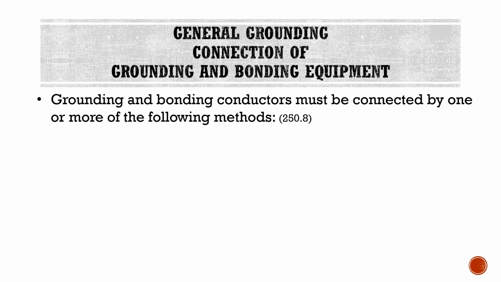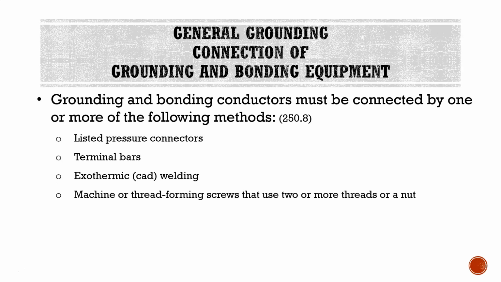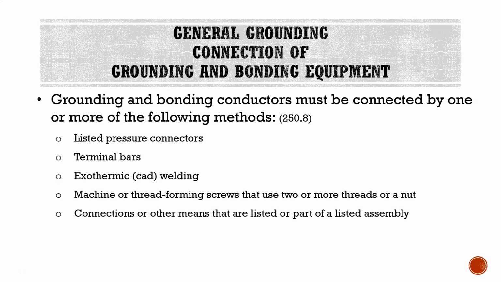So it doesn't matter what kind of conductor we're using, it has to be connected by one of the following methods: a listed pressure connector or connectors, terminal bars, exothermic, or as it's commonly called, CAD welding, machine or thread forming screws that use two or more threads or a nut, connections or other means that are listed or part of a listed assembly.